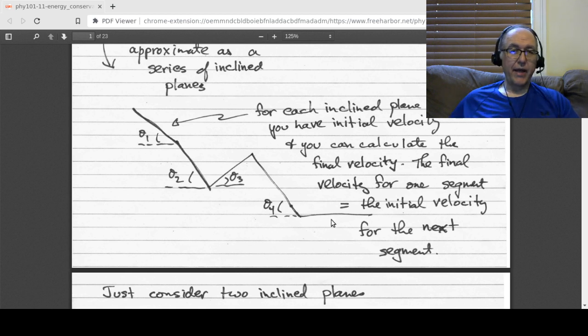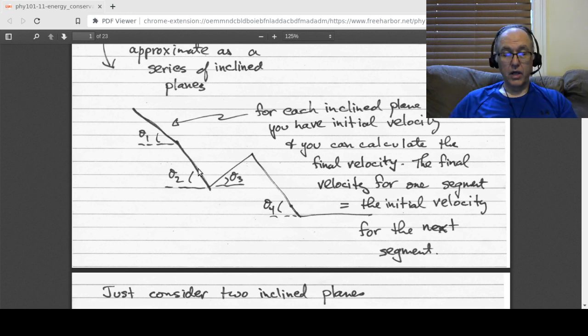The way you would connect them together is, you would start off, say, with 0 velocity at the top. You'd find the acceleration during the first inclined plane, and then because you know the length of that, you would find the velocity at the bottom of that inclined plane. But the velocity at the bottom of the first inclined plane is the initial velocity at the beginning of the next inclined plane. So you get the velocity that you end up with here, that's the velocity you start with there, and so on, and you tie them all together.